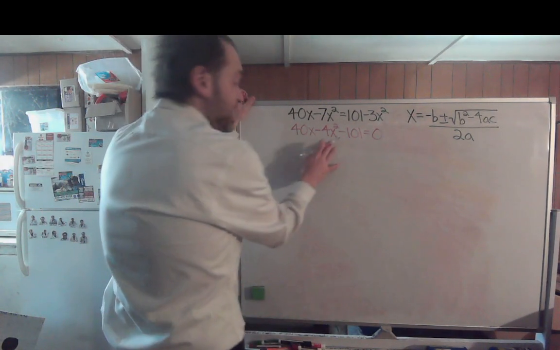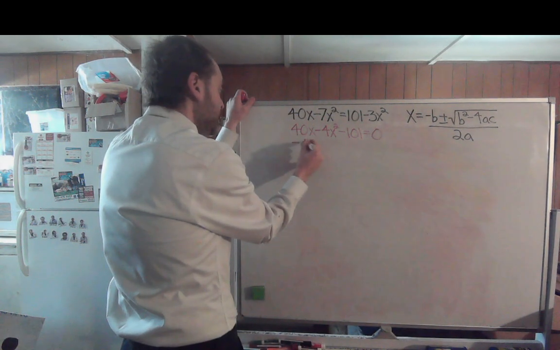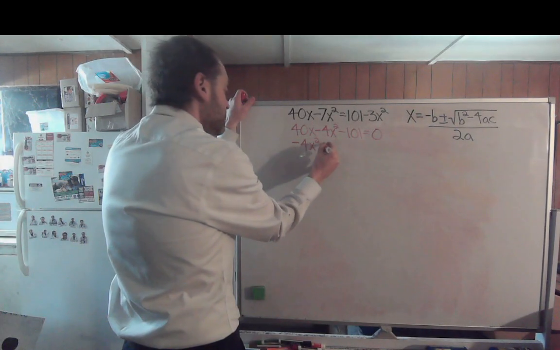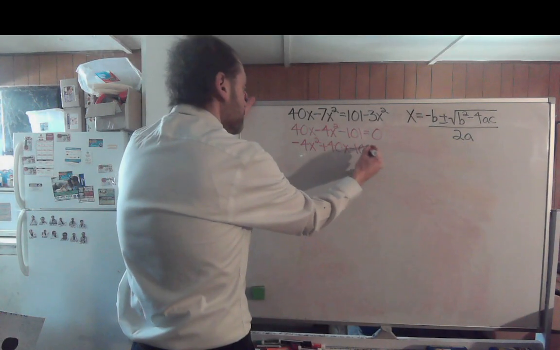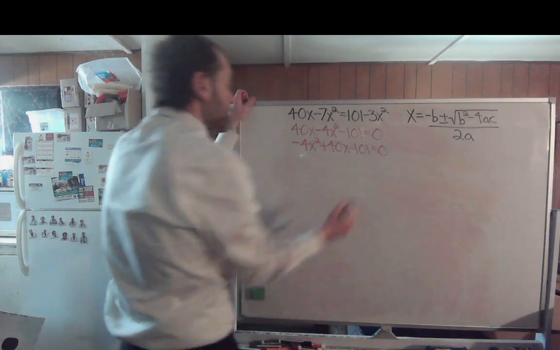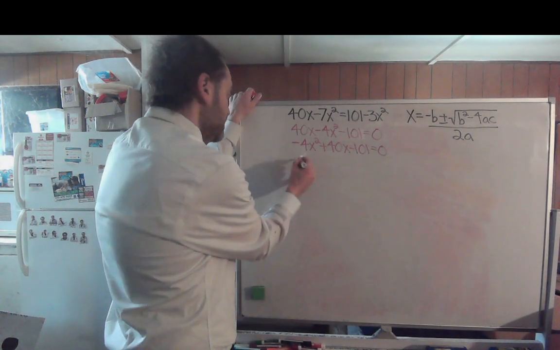So let's put this now in descending order, the proper order for standard form. That'd be negative 4x squared plus 40x minus 101 would all equal 0. Okay, so now let's apply the quadratic formula.